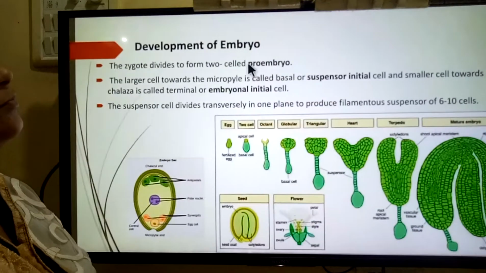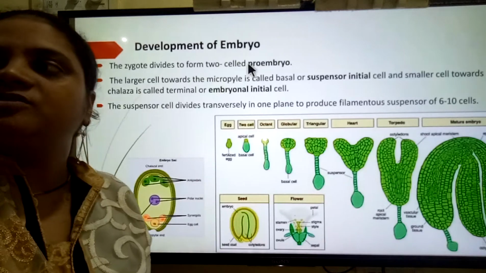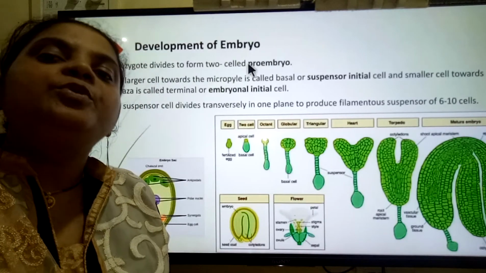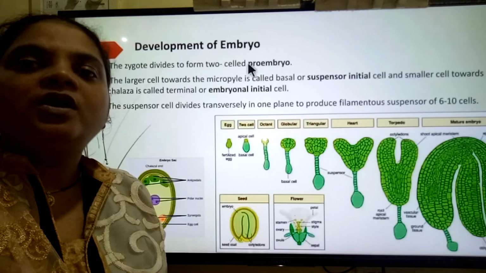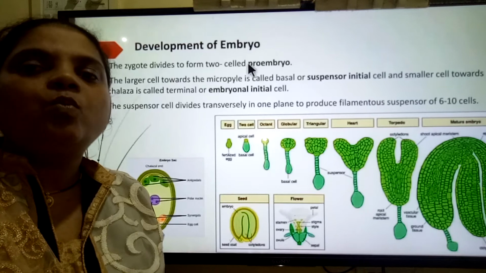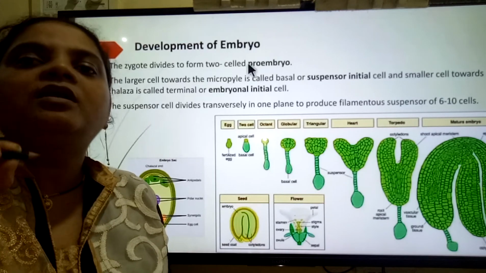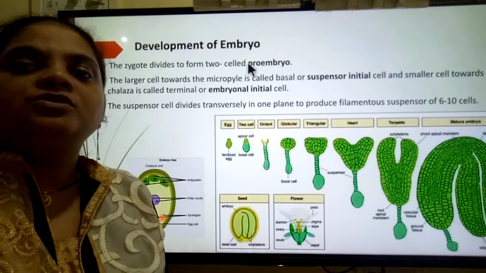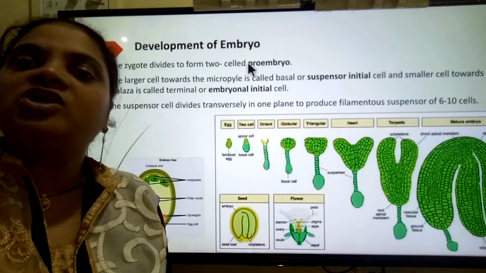Development of embryo: the zygote divides into a 2 cell structure called a proembryo. This first 2 cell structure is called a proembryo. The zygote divides unequally, so one cell becomes bigger and the other cell becomes smaller. The bigger cell is at the micropylar end and the smaller cell at the chalazal end.